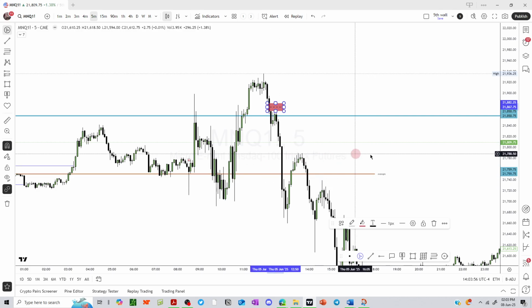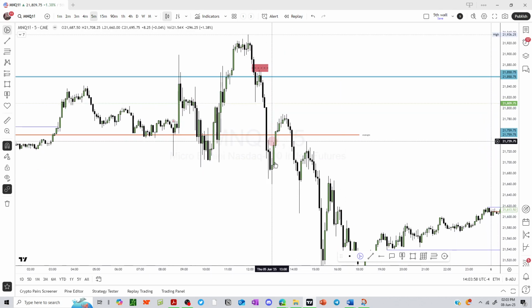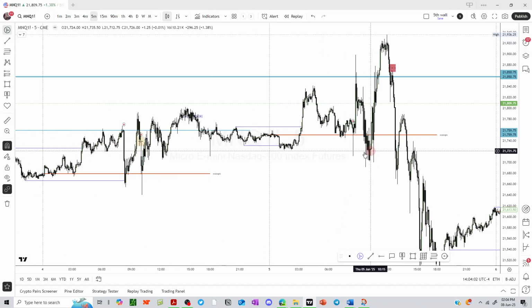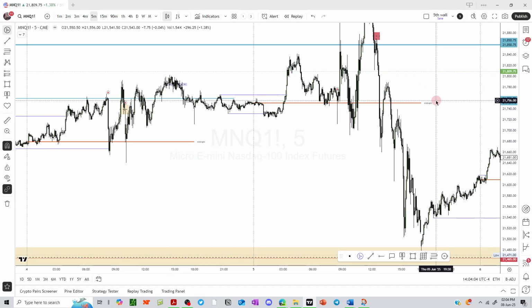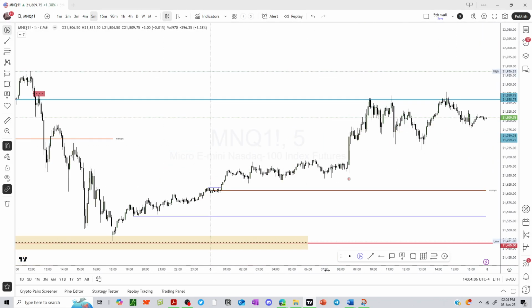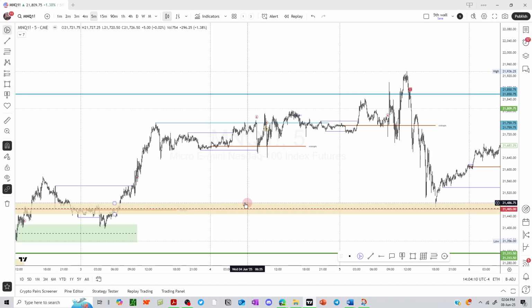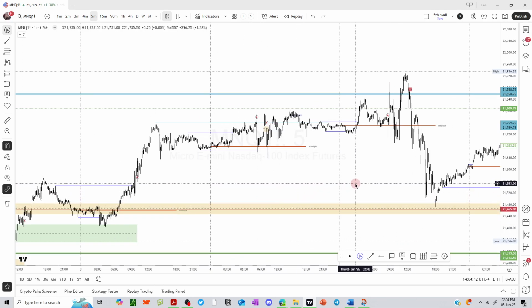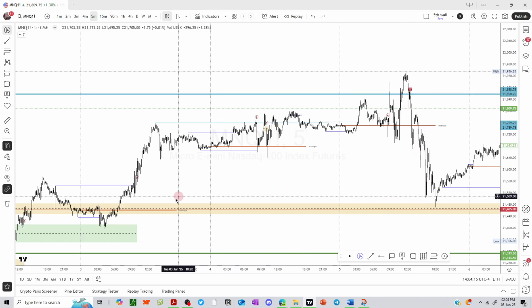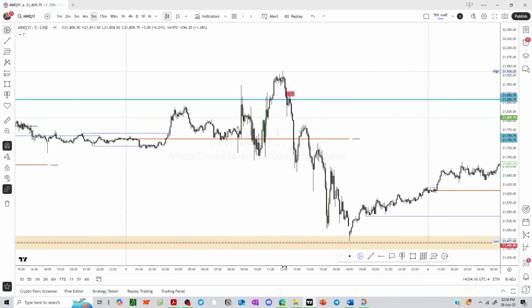This is Thursday. There's your short taking out the swing lows, and retracing back down into that inverted 4-hour fair value gap. Market maker sell model.